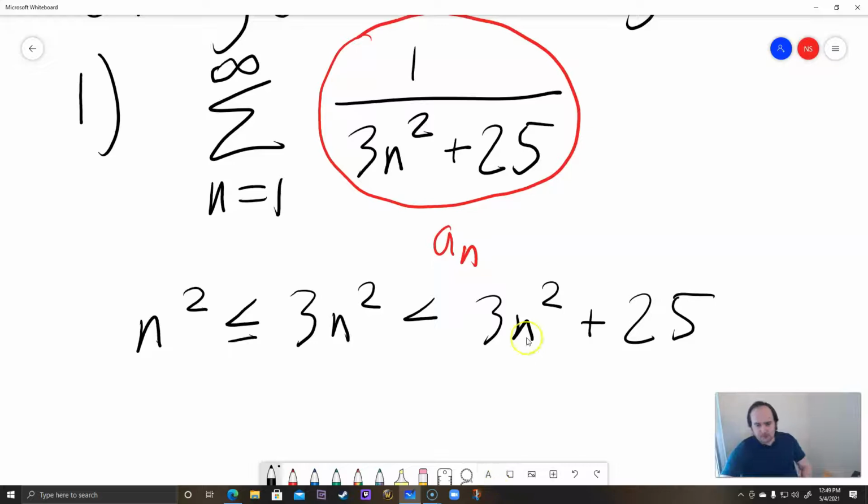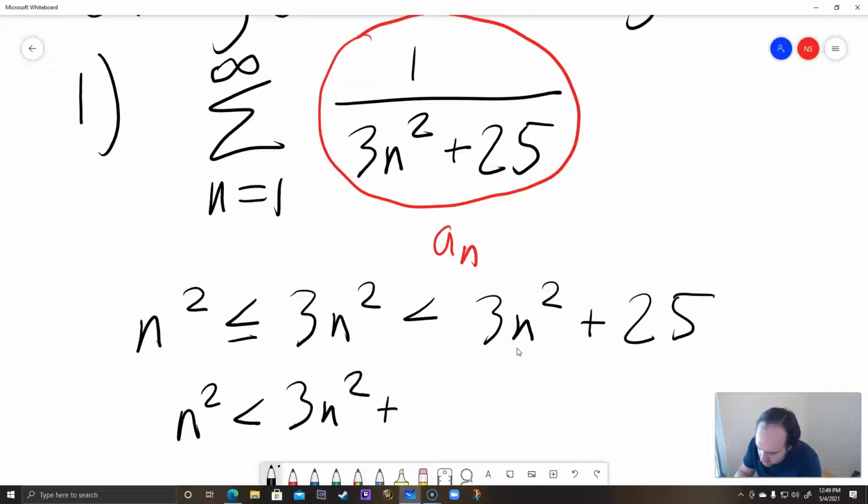Okay, so anyway, what we have so far is n squared is less than 3n squared plus 25. Right, that should be very clear, because n squared is a positive number, so 3n squared is greater than or equal to it, and then 3n squared plus 25 is greater than that.